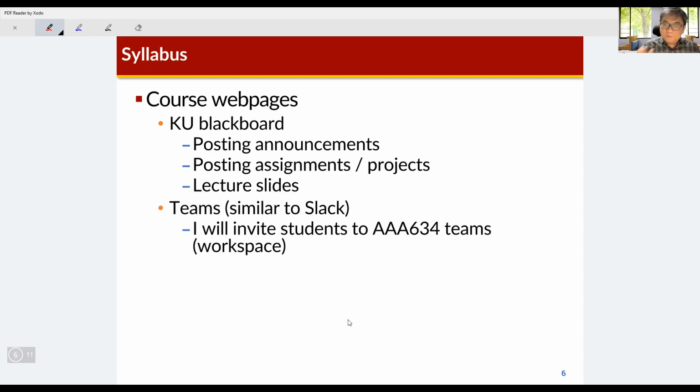Actually, Teams is developed by Microsoft, and I believe everyone is a Korea University student. If you are registered in this Korea University graduate course, then you can use Teams or Office programs freely. So this Teams is very similar to Slack. I will generate the workspace for AAA634, and I will invite students to this workspace.